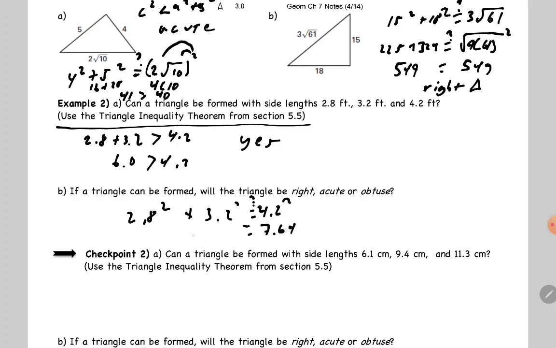And if I add these together, I'll get 18.08. So c squared, in this case, 17.64, is less than a squared plus b squared, so that is acute.